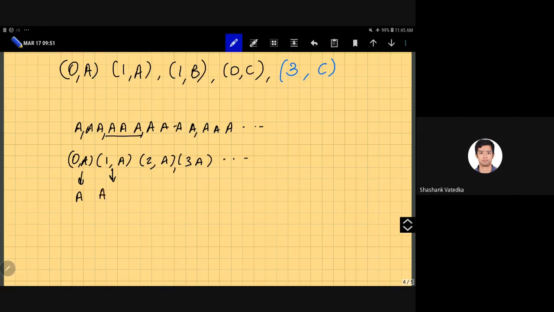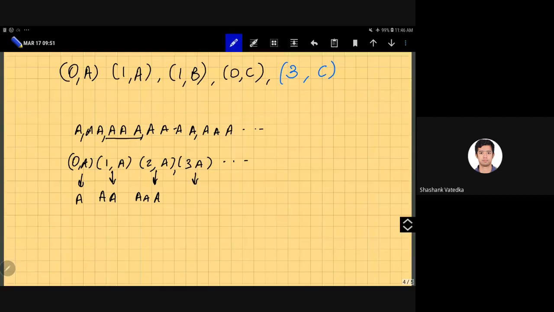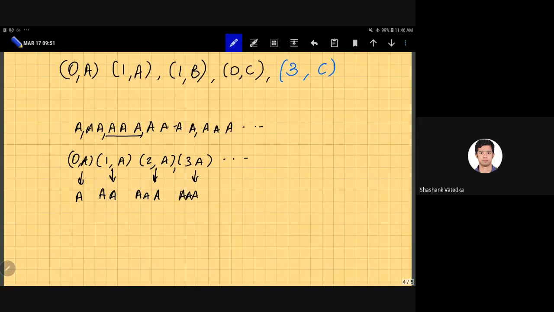This one is obtained by appending an A to the second phrase, so this is AA followed by an A. This phrase is obtained by appending an A to the third phrase, so this is AAA followed by A, and so on. Okay, so this would be the LZ78 parsing. So what can you say about the length of the ith phrase?